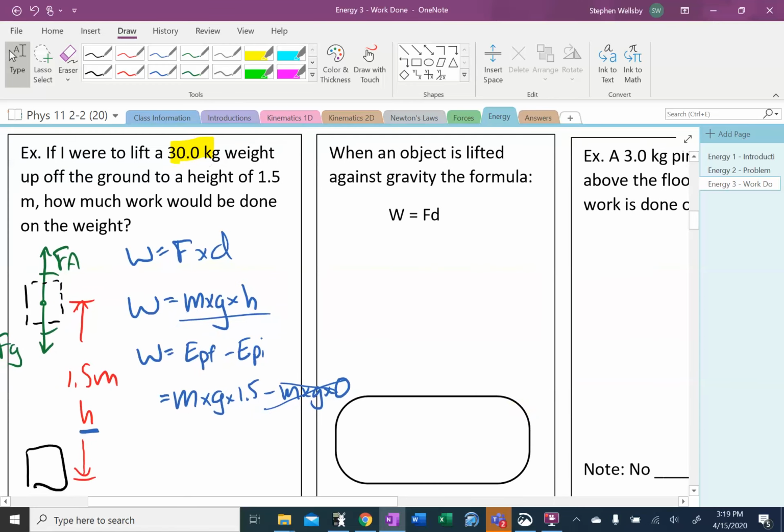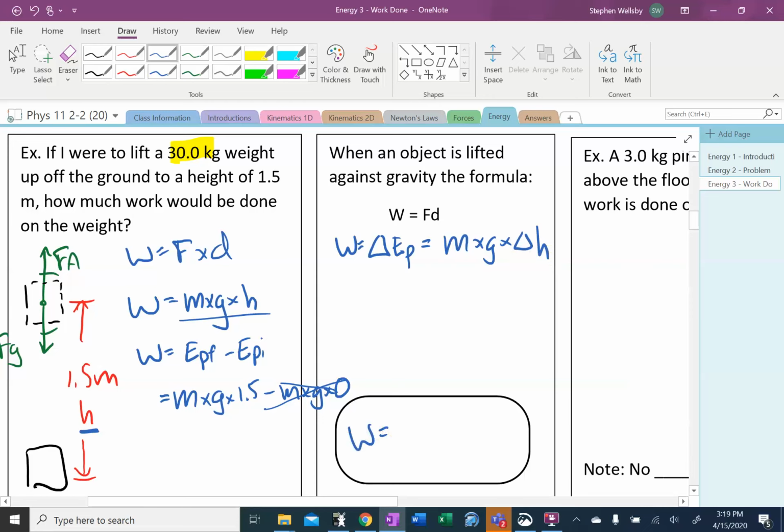So whenever we're lifting an object against gravity, this formula is always going to be the same. So work is going to be the change in potential energy, which is going to be m times g times, I'm going to be a bit more specific and say delta h, because it's not just how high it is, it's telling us how far it's moved, or the change in the height.